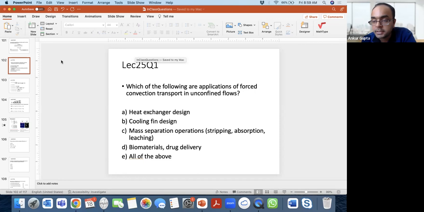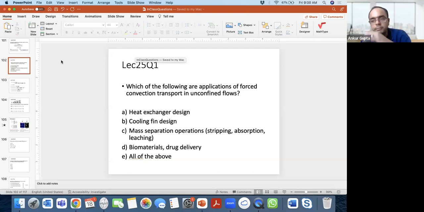In a heat exchanger there's an inner pipe and then an outer pipe, and the flow in the outer pipe flows around the outside of the inner pipe, so that is heat exchanger design. In cooling fin design, we discussed fins in part 1 of the course. You add a fin to increase surface area to cool something, but the flow is around these fins. And it's again mass separation, so stripping, absorption, leaching.